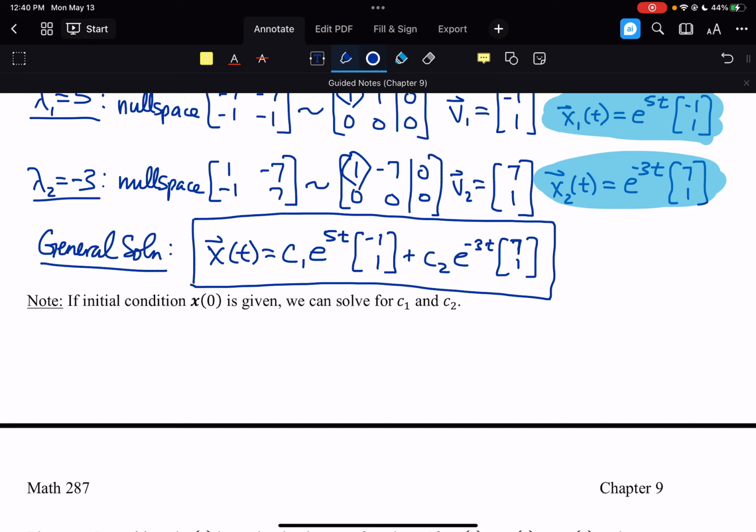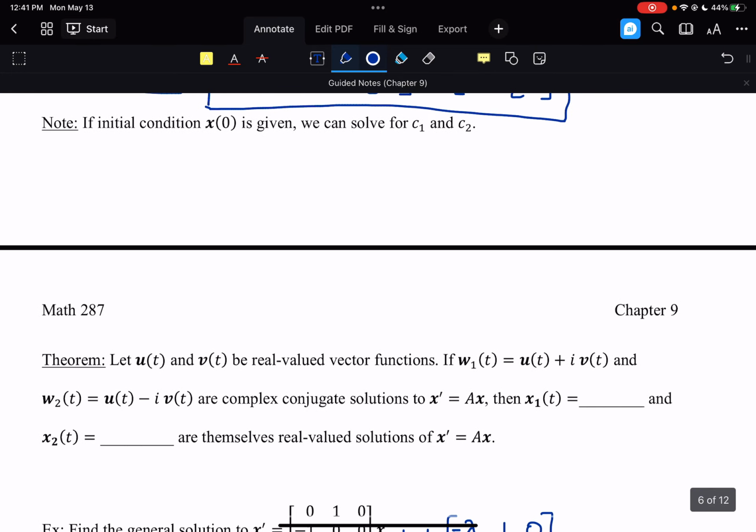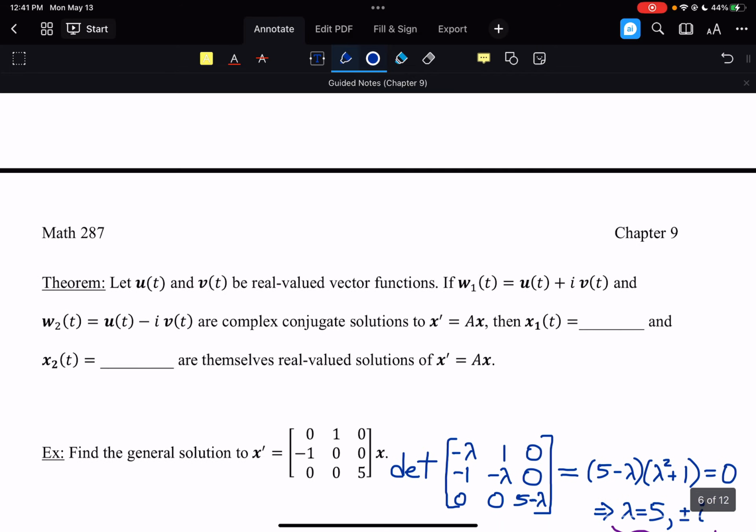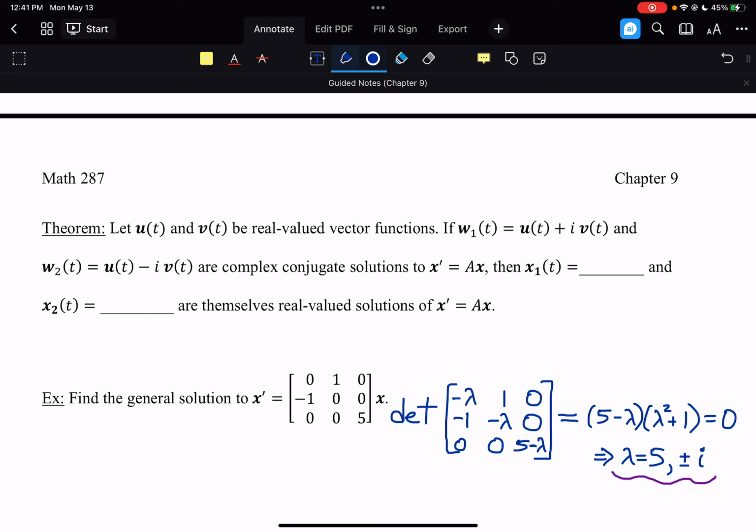Next up, we're going to take a look at how we handle complex values within our solutions. So let u of t and v of t be real valued vector functions. If w1 is equal to u plus iv and w2 is equal to u minus iv, so we have complex conjugate solutions.